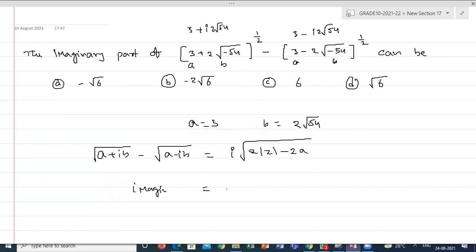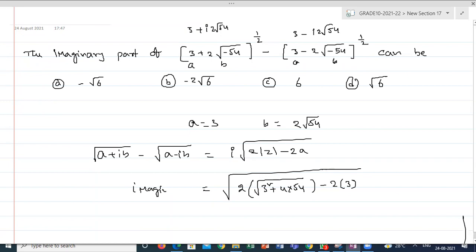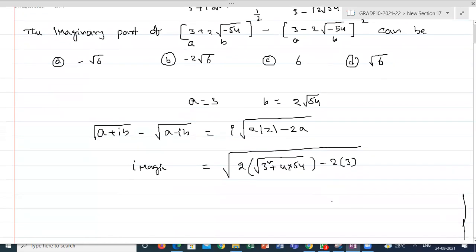Imaginary part is root of 2 into the square root of 3 square plus 2 root 54 squared, minus 2 into 3. Calculate this one and let me know what the answer is. Please solve this part and let me know your answer.